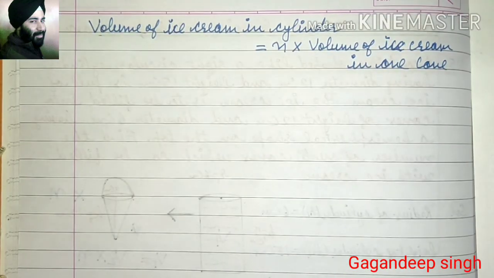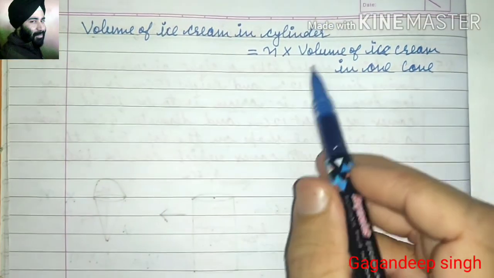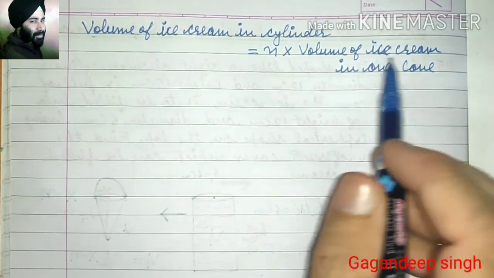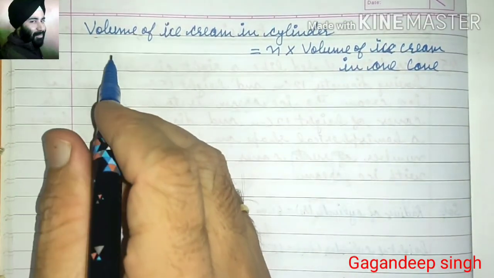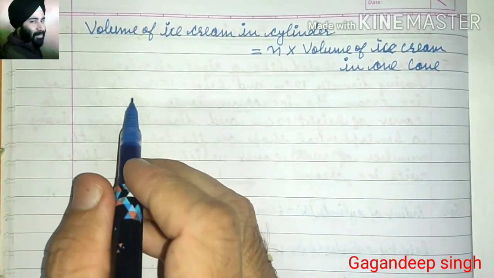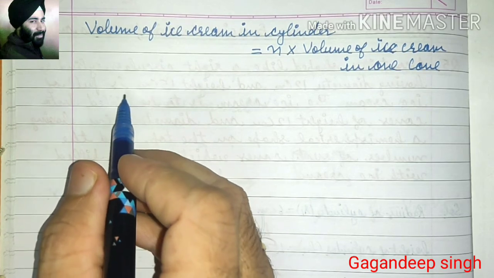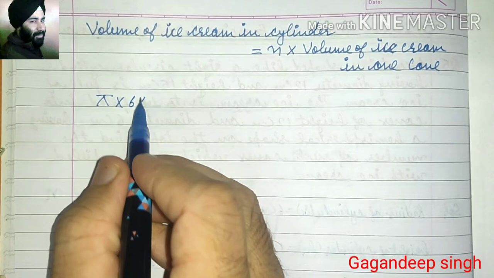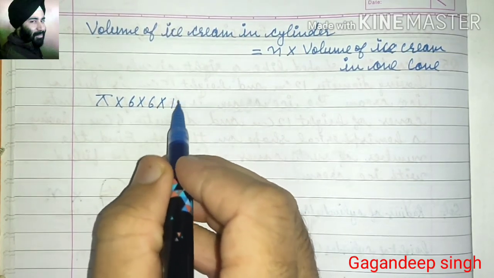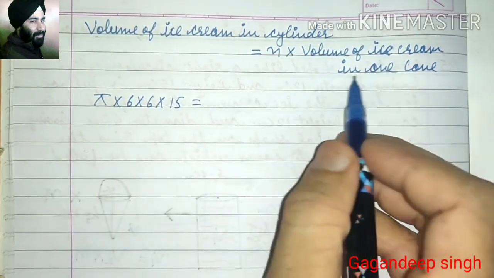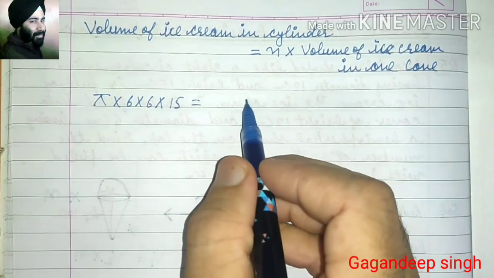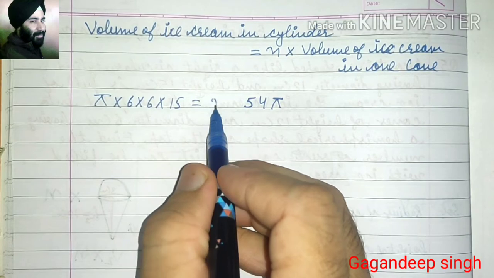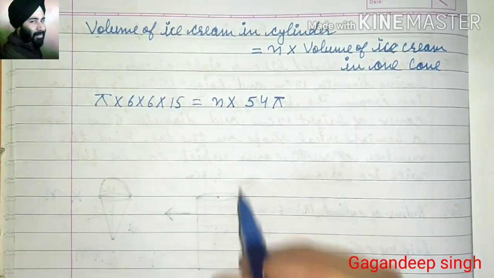Volume of ice cream in cylinder is equal to n into volume of ice cream in one cone. So let us keep values. Volume of ice cream in cylinder we have calculated, it is pi into 6 into 6 into 15, and volume of ice cream in one cone we have calculated, it is 54 pi centimeter cube, and there are n cones we have supposed.